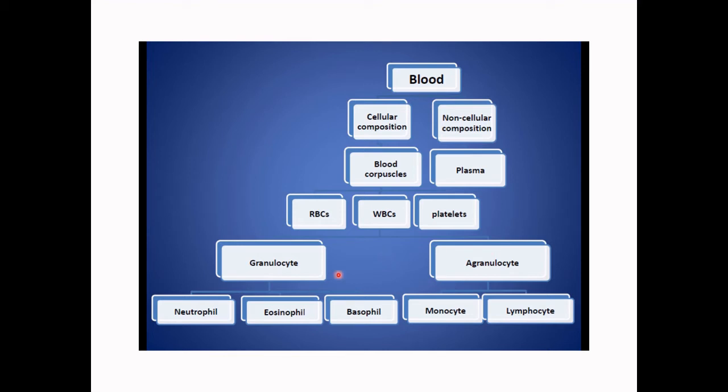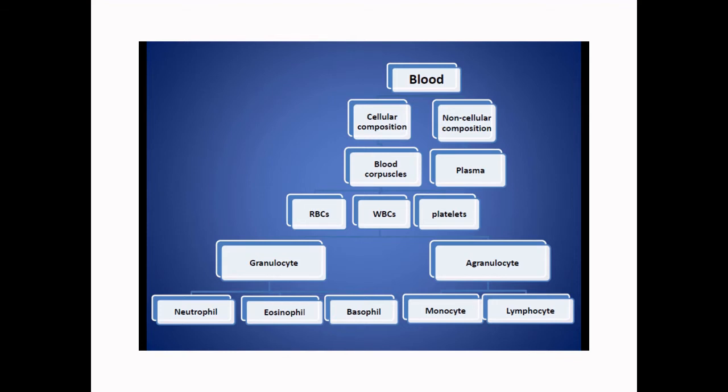Granulocytes can be divided into neutrophils, eosinophils and basophils based on their property of being stained by different types of stains. In a similar fashion, agranulocytes can be divided into monocytes and lymphocytes.